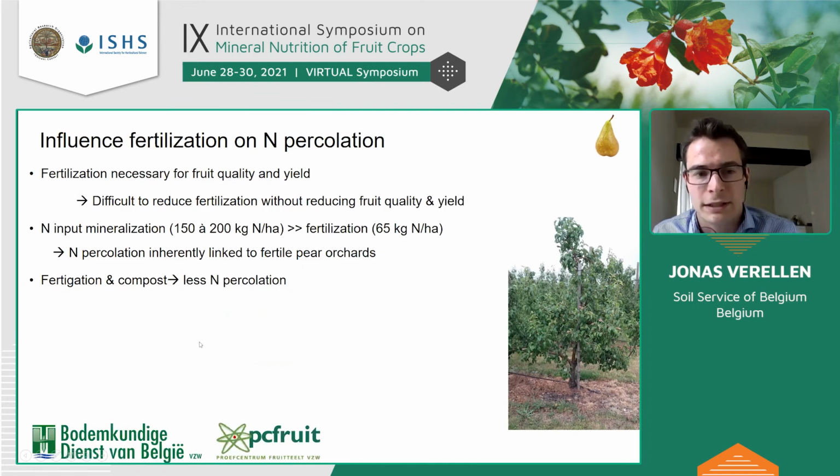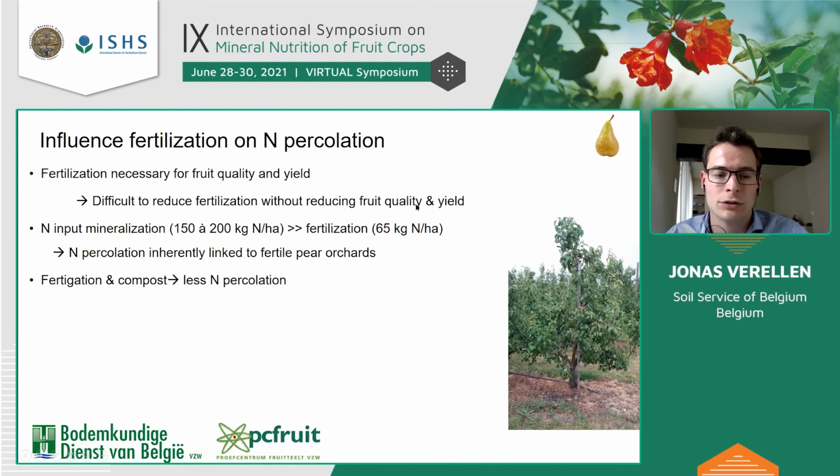Now I will discuss the influence of fertilization on the nitrogen percolation. Fertilization is necessary for fruit quality and yield, so it's difficult to reduce fertilization without reducing fruit quality and yield. The nitrogen input by mineralization was lots higher as compared to the nitrogen input by fertilization.